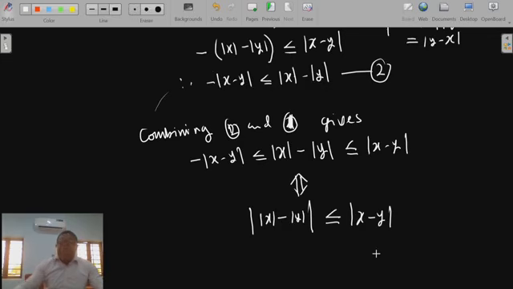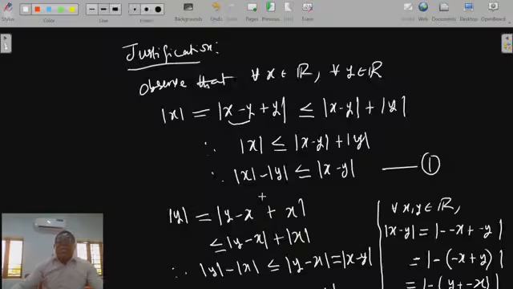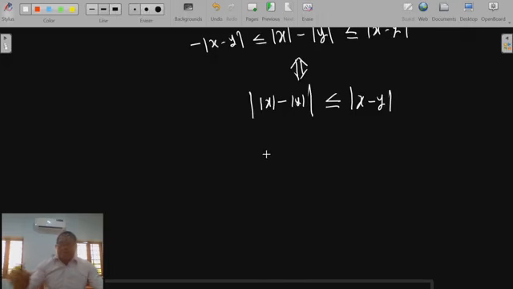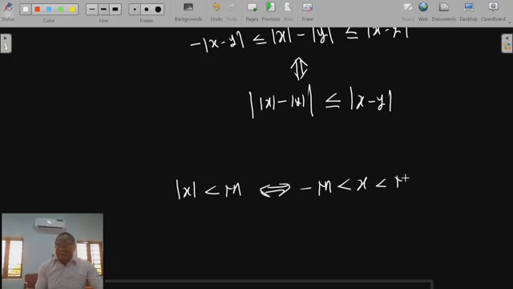Now, before I conclude, let us note that in the equivalence expressed in proposition 2, the inequality can still be strict. What I'm trying to say is that absolute value of x less than m is equivalent to minus m is less than x less than m.